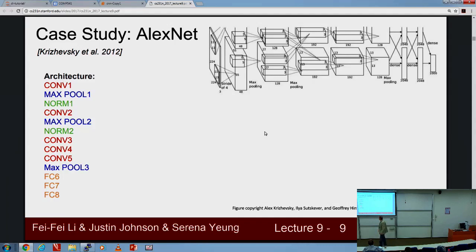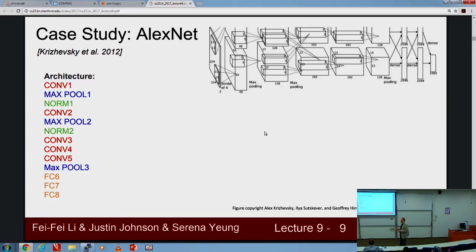Convolution 1 and max pool 1 are operations that we already know. Norm 1 is an example of a normalization layer; I think AlexNet used local response normalization, or LRN. We're not going to talk much about that because it's no longer used, and other people came up with architectures that don't use normalization.